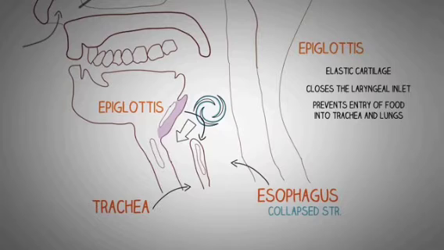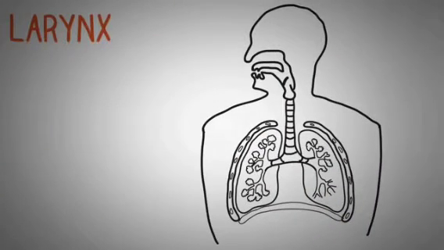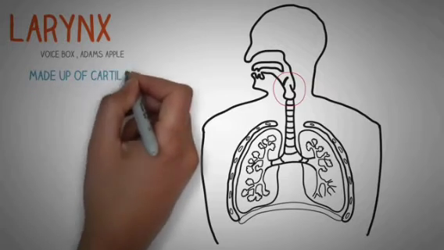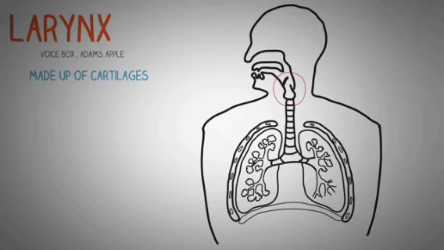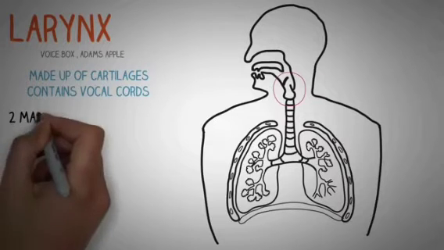The trachea is made up of C-shaped cartilaginous rings. These C-shaped cartilaginous rings help not only the trachea to avoid collapsing but also give a shape or rigid structure to the trachea.